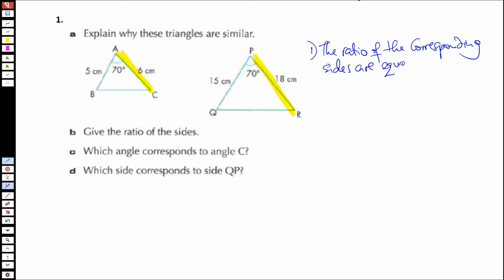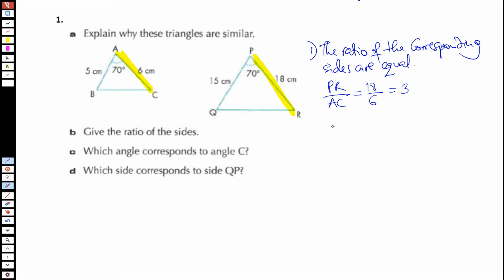So we can check that statement by looking at corresponding sides. Notice here that PR over, now PR corresponds to this length, which is AC. That is equal to 18 over 6, which is equal to 3.